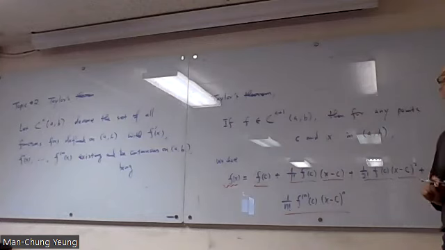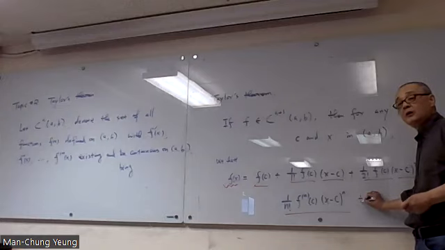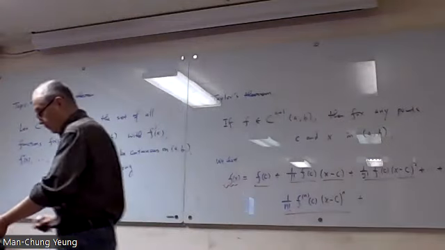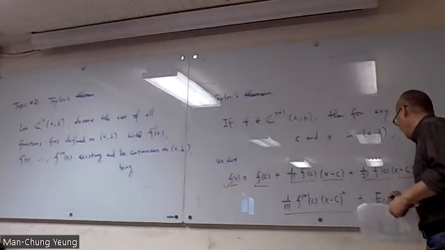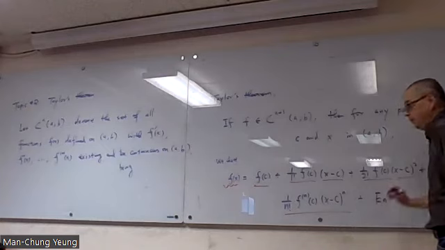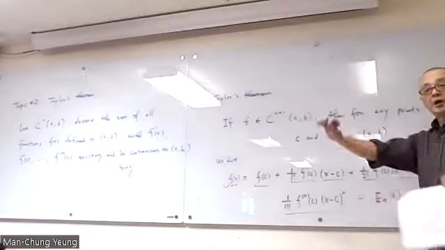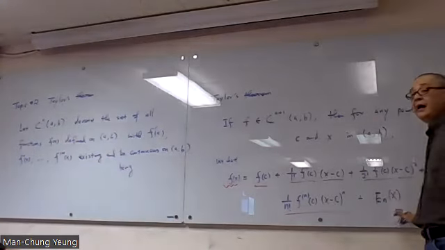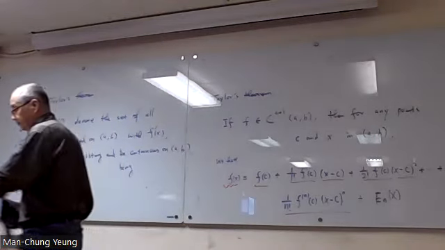To make them equal, you need to add one more term: the difference. We call it the error term. Then, what is the error term?